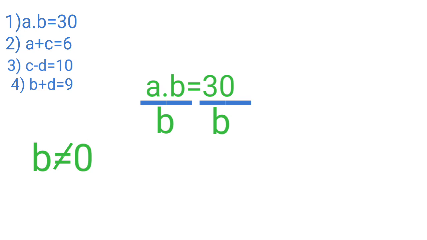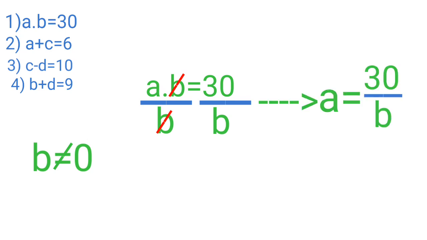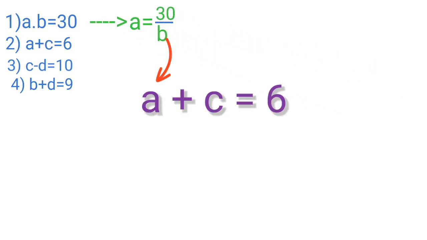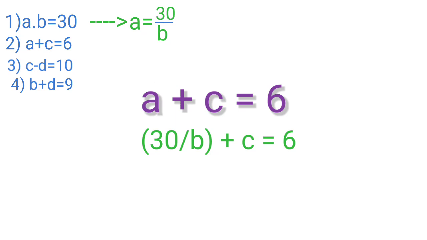Then on the left side, this cancels out, and we only have A left, and here we have 30 over B. So this is my value for A, and I want to insert this now into the second equation, so that the second equation looks like this. Instead of A I write my 30 over B that I just found, then I have my plus C, and on the other side I have the 6.